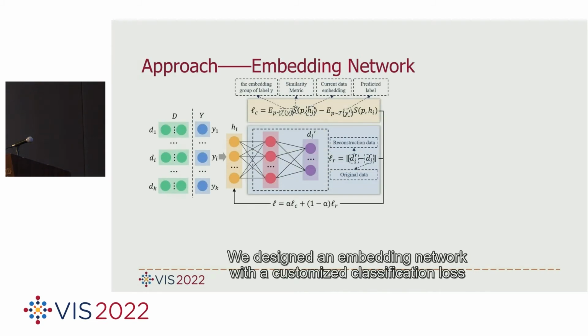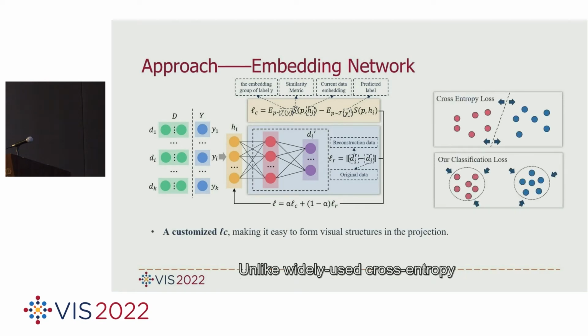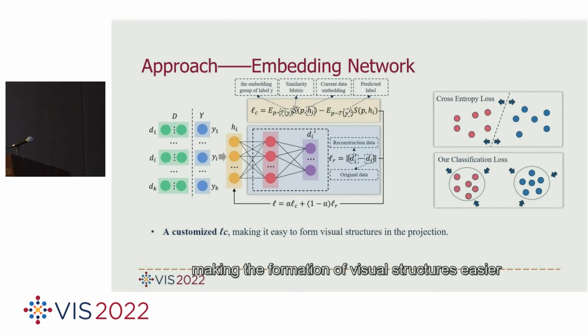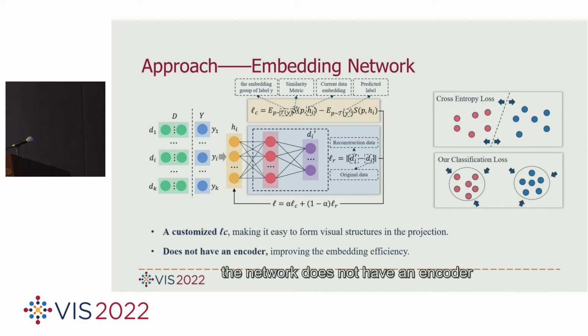We designed an embedding network with a customized classification loss. Unlike widely used cross-entropy, our classification loss is to decrease intraclass distance and increase interclass distance, making the formation of visual structures easier. Moreover, the network does not have an encoder, thus having high efficiency.